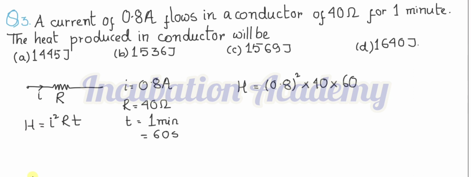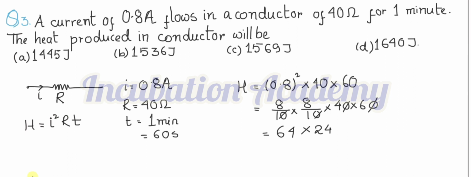Now 0.8 is 8 by 10, multiplied by 8 by 10, multiplied by 40, multiplied by 60. So the zeros cancel out, and here is 64 and here is 24, 4 into 6.